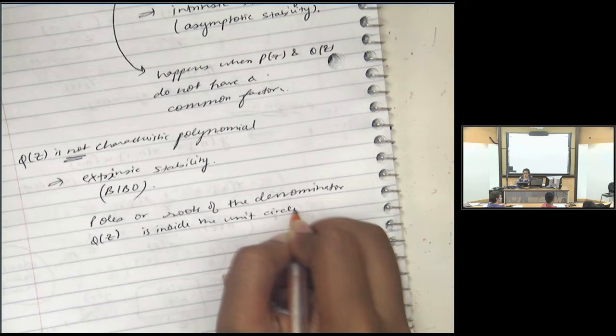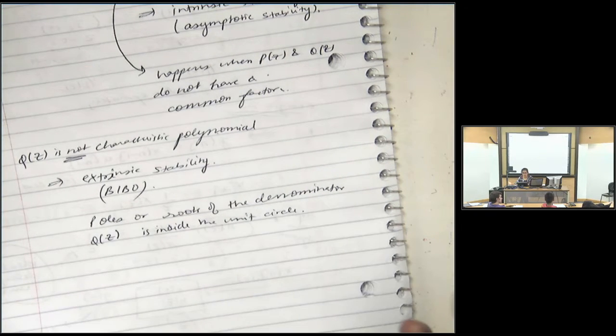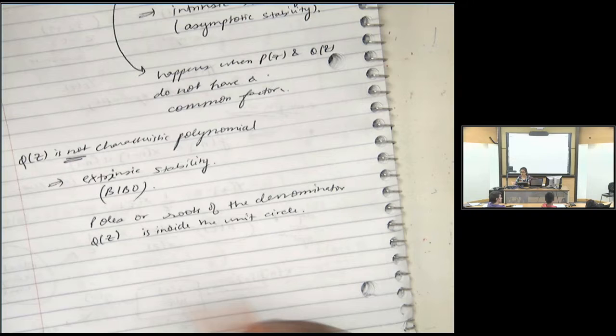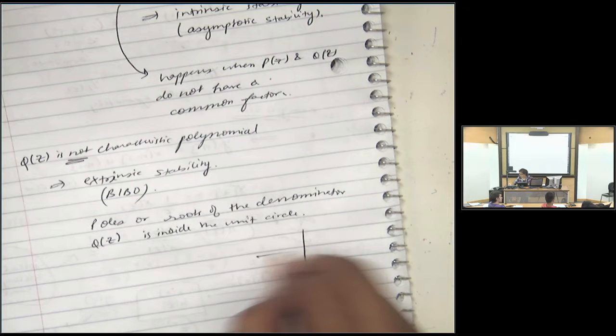When we're in the S domain, our poles had to be in the left half plane. The left half plane of the S domain translates to the area inside the unit circle in the Z domain. So in the Z domain, for stability we need this area.